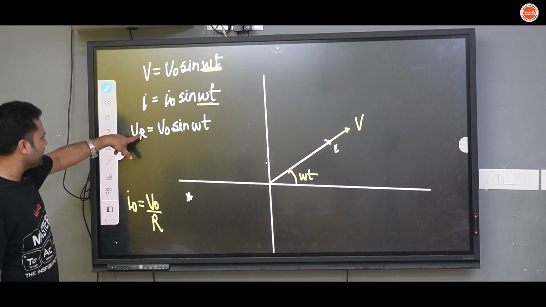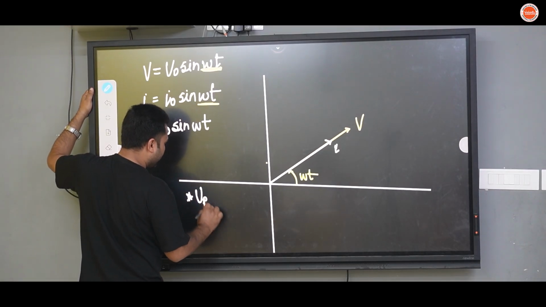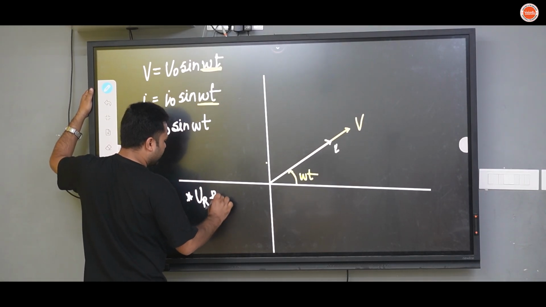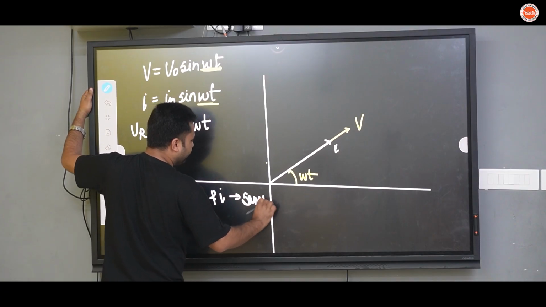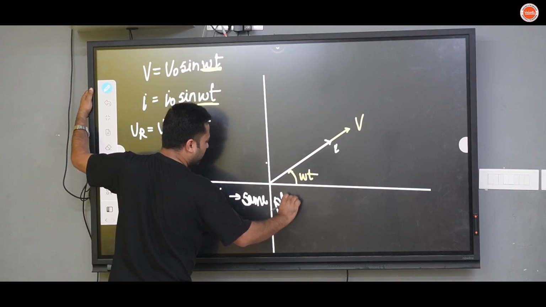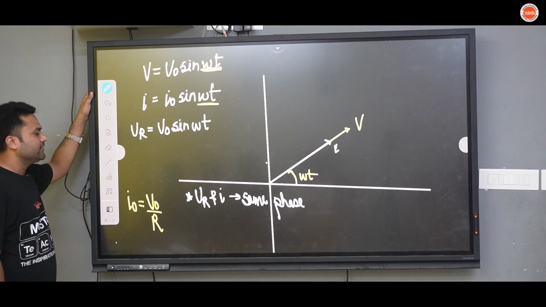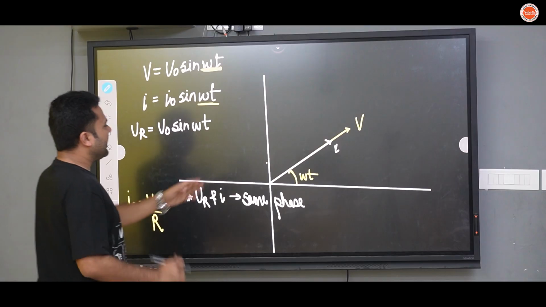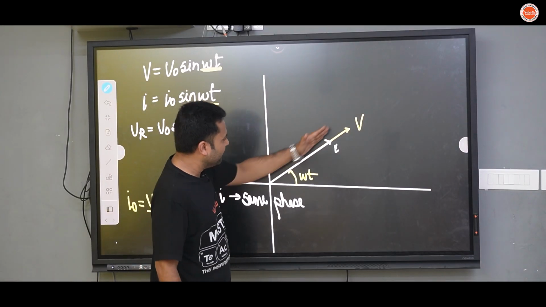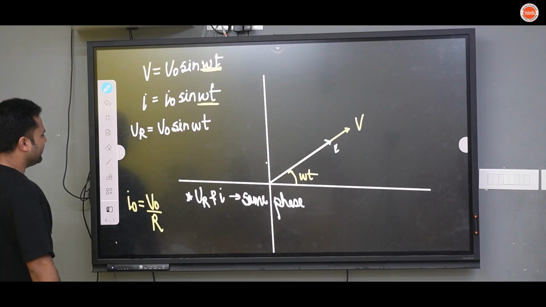So the voltage across the resistor, VR, and current have the same phase. Same phase means VR and current will always lie in the same line.